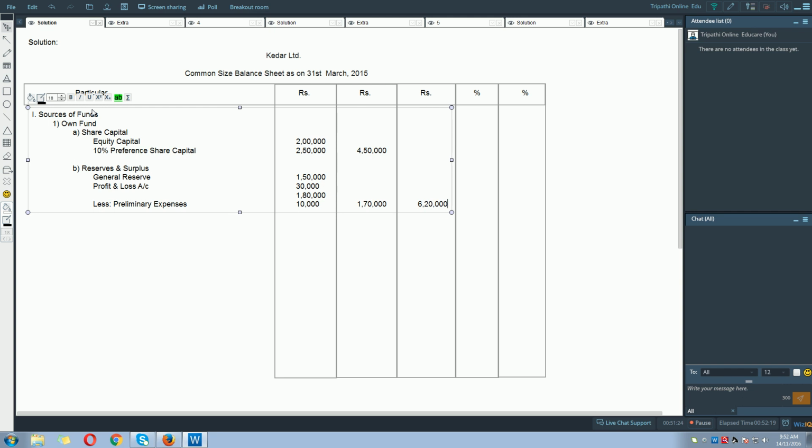Then we'll have to calculate the total. So total of these two is 1,80,000.